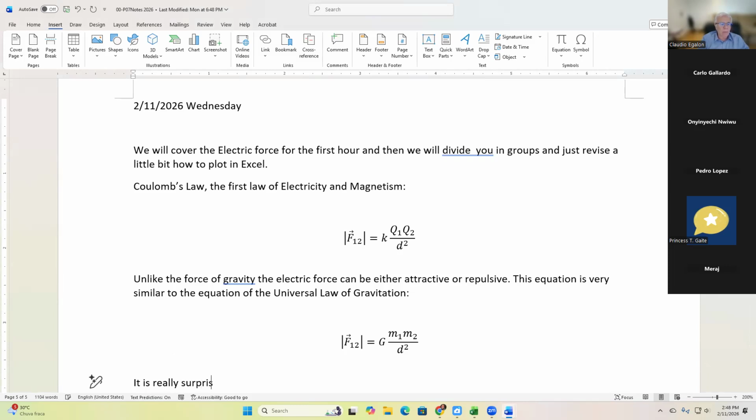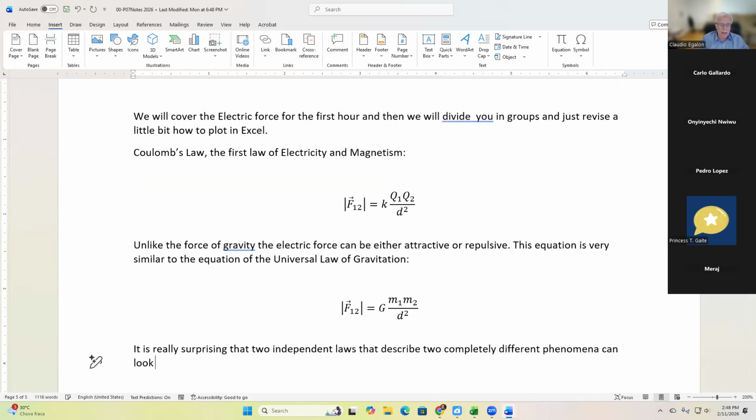Let's write it like that. Surprising that two independent laws that describe two completely different phenomena can look so similar.